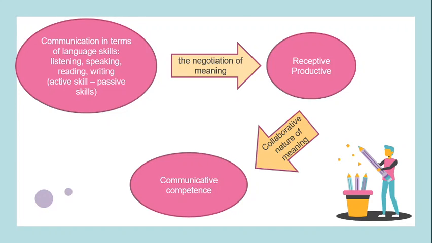Communicative competence needed for participants includes not only grammatical competence but also pragmatic competence: how they can interpret something, how they can express the idea, and also how they negotiate meaning.